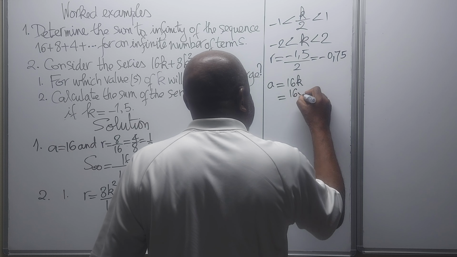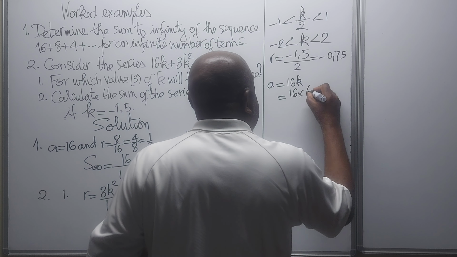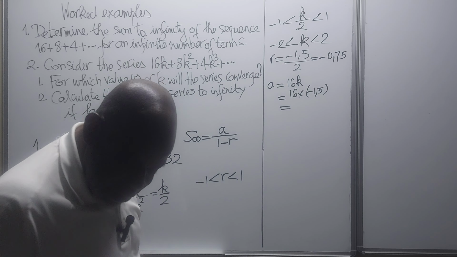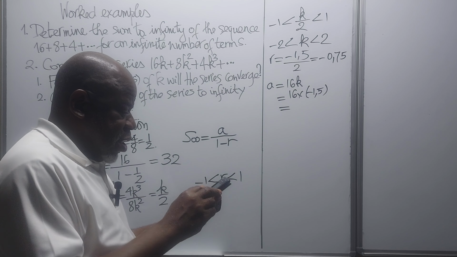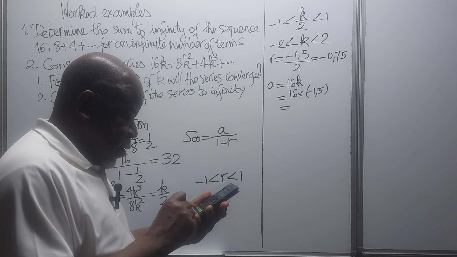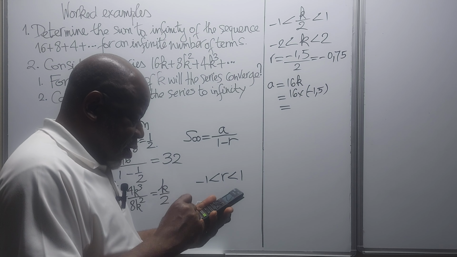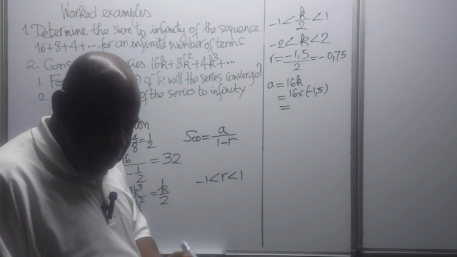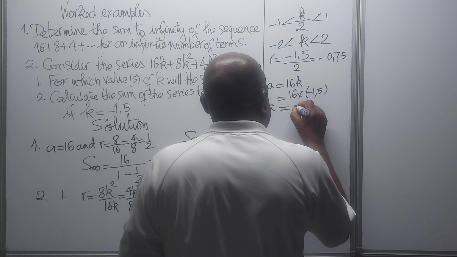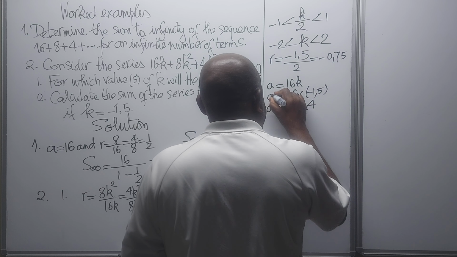That will be 16 multiplied by negative 1,5. Using the calculator, what are we getting here? 16 multiplied by negative 1,5. Then we're getting negative 24. So our first term A will be negative 24.